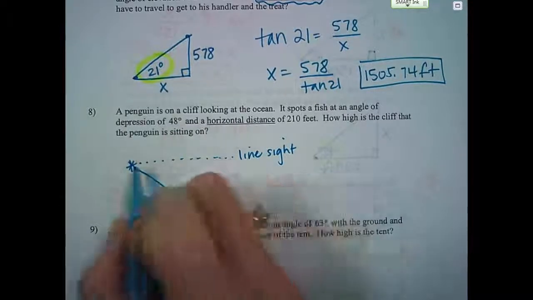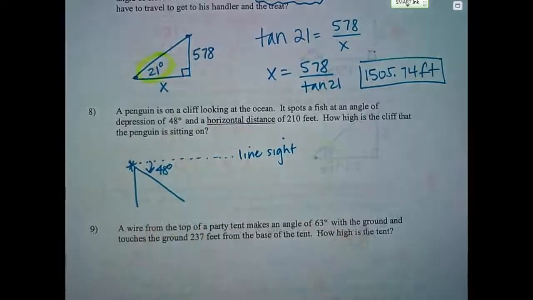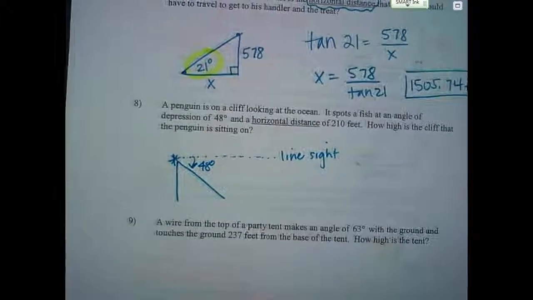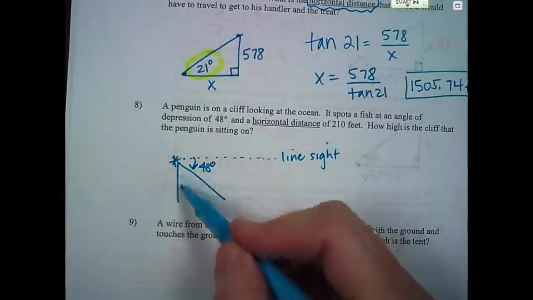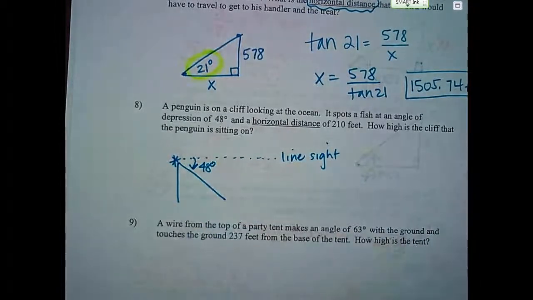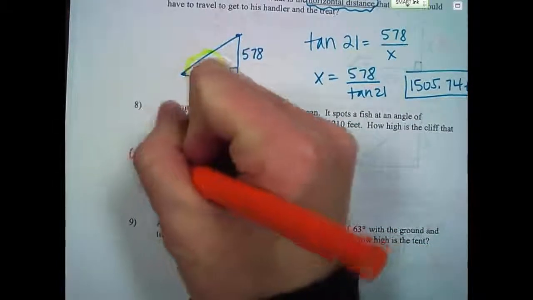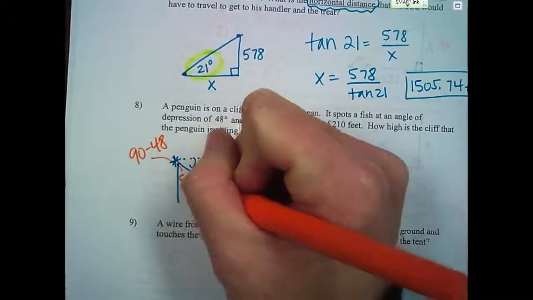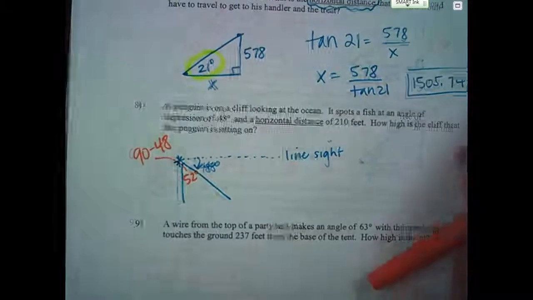This is my normal line of sight, so if I'm looking down, this is the angle that's 48 degrees. Do you see the difference? To get the angle inside, you do 90 minus 48, which is 42. That's the angle you need. 42, I'm sorry.